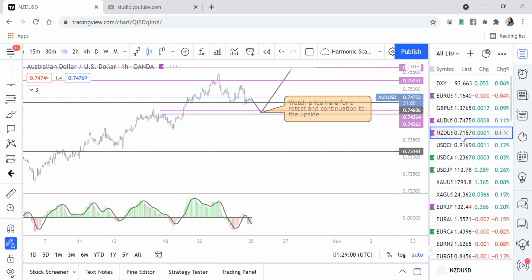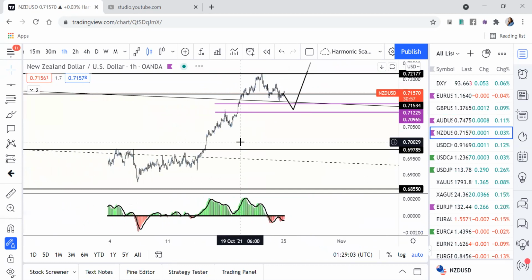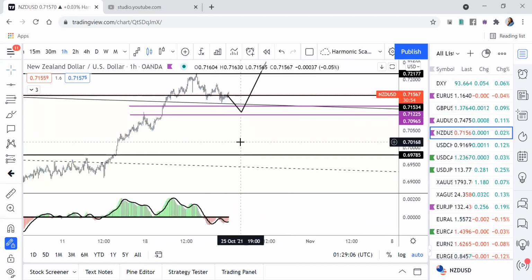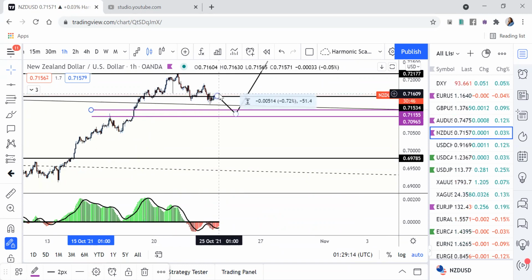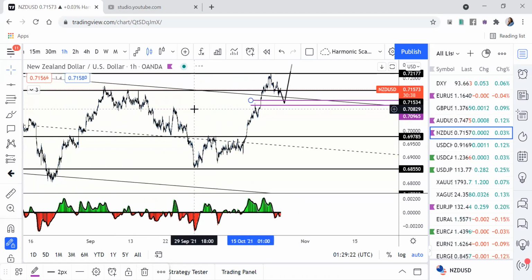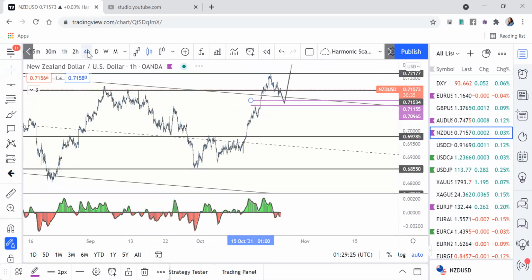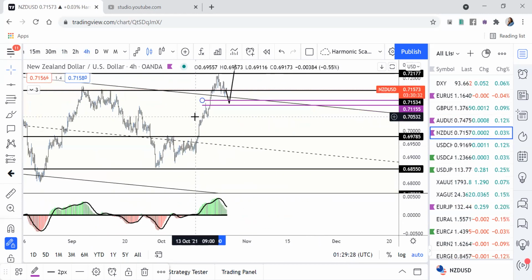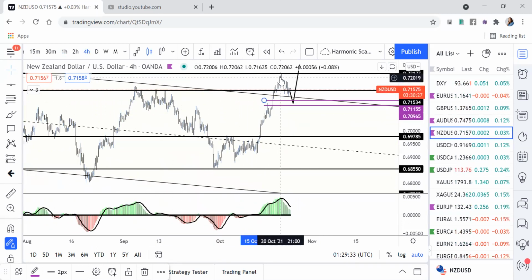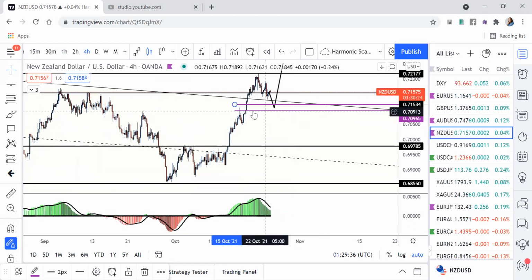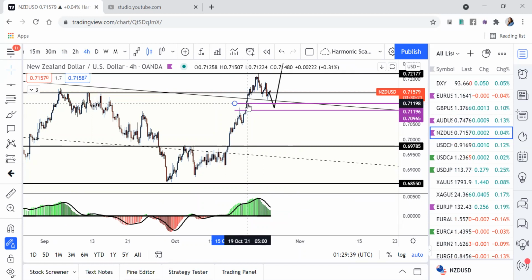All right, NZDUSD, same thing. So everybody can see they have a nice imbalance zone here. I would like to see price come into my imbalance zone, fill it, and then continue to the upside. So everybody can see this high was taken out. So I'm looking for this retest. Let's zoom out just a bit.